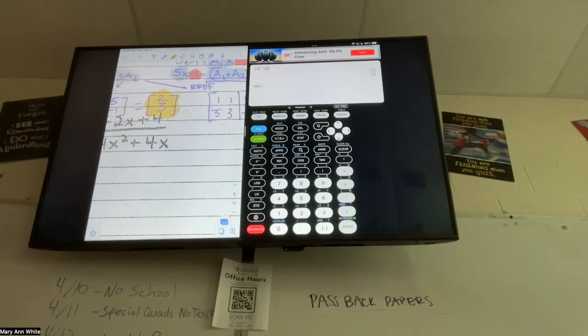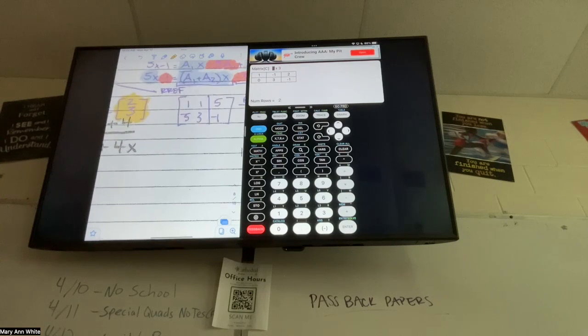And I'm gonna argue if I did my RREF, it would get the same thing. So I'm gonna go edit that. I'll put it in matrix 3 or matrix C, just so I have two things ready to go. And if I go to math and go RREF, and then do that of matrix C, that's where mine is.